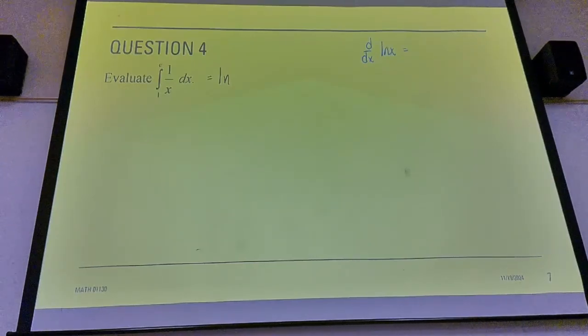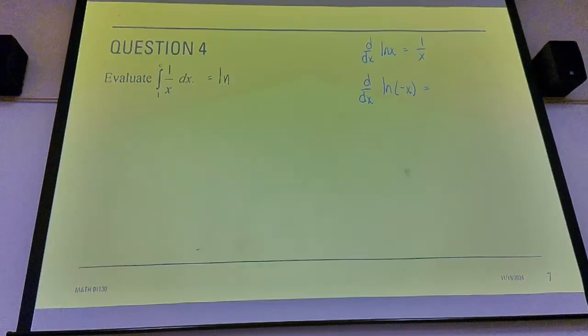So what's that derivative? 1 over negative x, or negative 1 over x. Oh, wait a minute, that's not allowed.